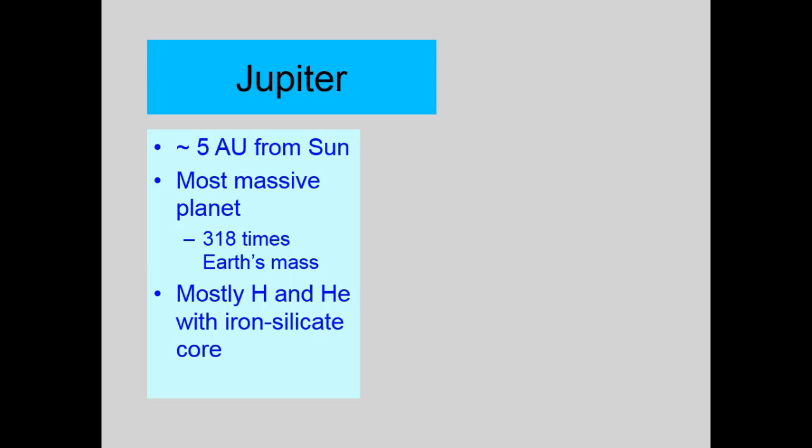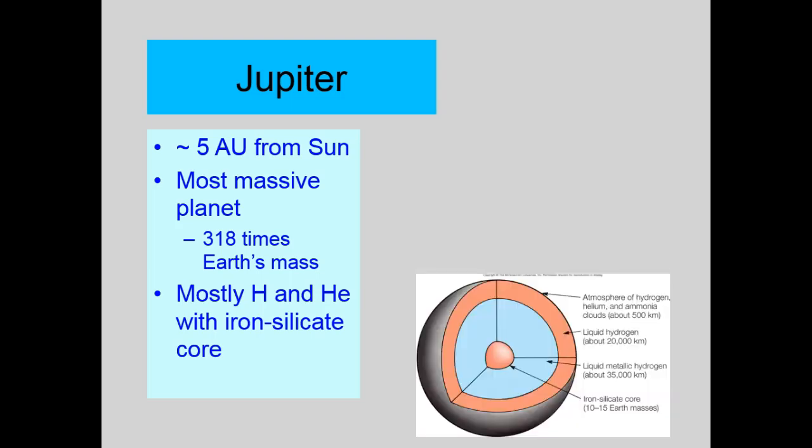Good question, though. Okay? Now, here's sort of a description of Jupiter. Later we'll see a similar description of Earth. This will be in the next chapter. And the picture looks fairly similar, but they're very, very different. Okay? Now, this iron silicate core we talked about in the middle, it itself is like 10 to 15 times the Earth's mass.